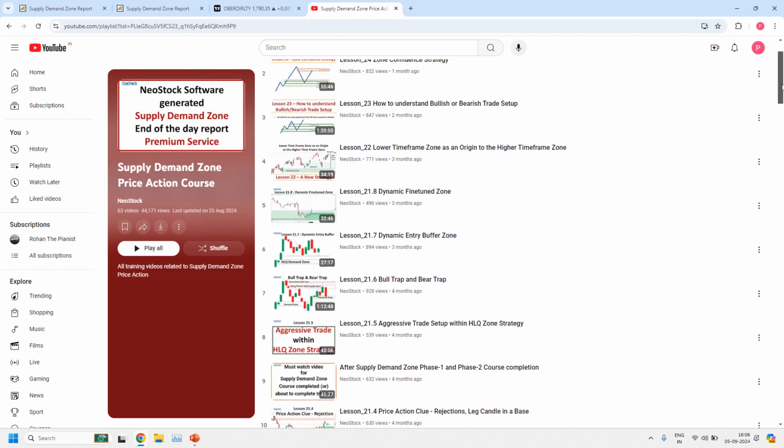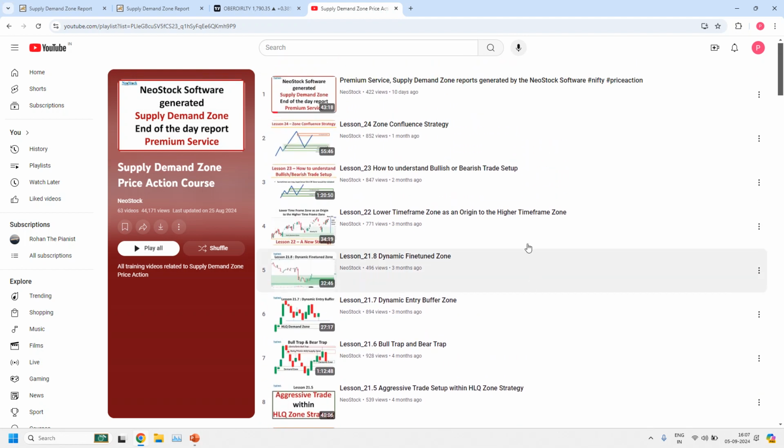Especially this lesson 25 is having dependency on lesson 23 and lesson 24. Of course, earlier concepts also. Because bullish and bearish trade setup, I clearly explained between lesson 11 and lesson 15. Zone confluence, I explained in lesson 16. And the bullish and bearish trade setup strategy, again I explained in lesson 23 in detail with clear examples.